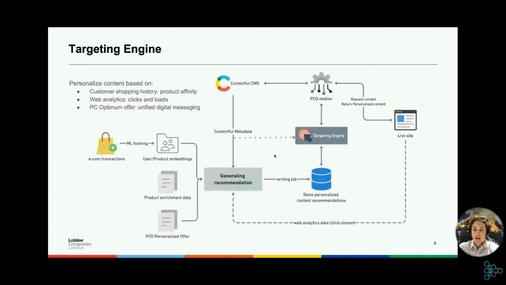The PCO mid-tier grabs those recommendations, grabs the top content from Contentful, and gives that to the front end. But the main portion of the pipeline that I wanted to focus on today was our user product embeddings. This is the part that the machine learning is focused on, and this is where I come in.